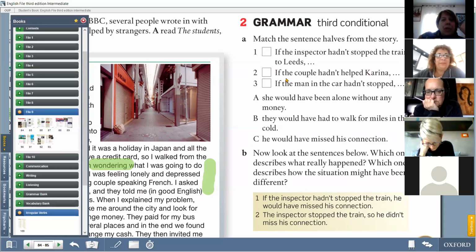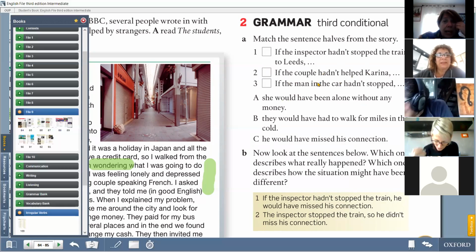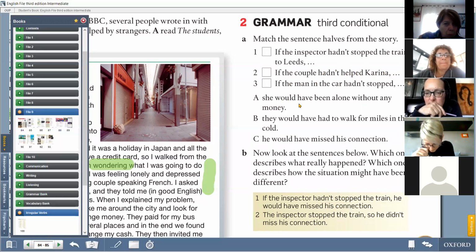Okay, Anna, two. If the couple hadn't helped Karina, she would have been alone without any money. She would have been, would plus have been, alone without any money. And Betta?